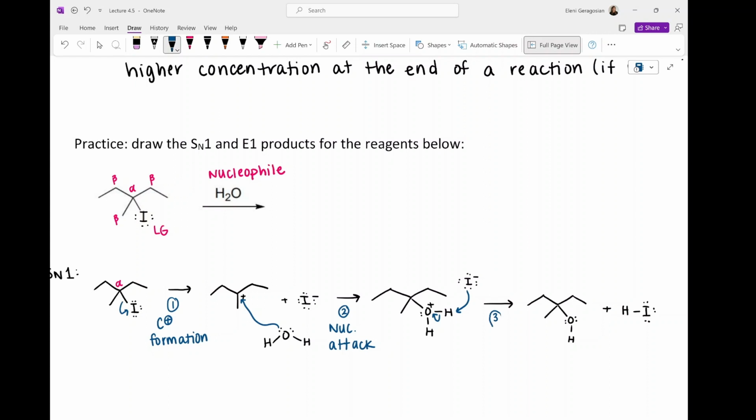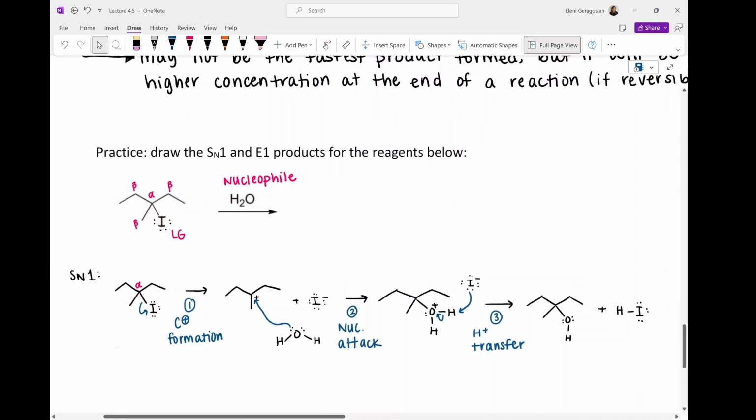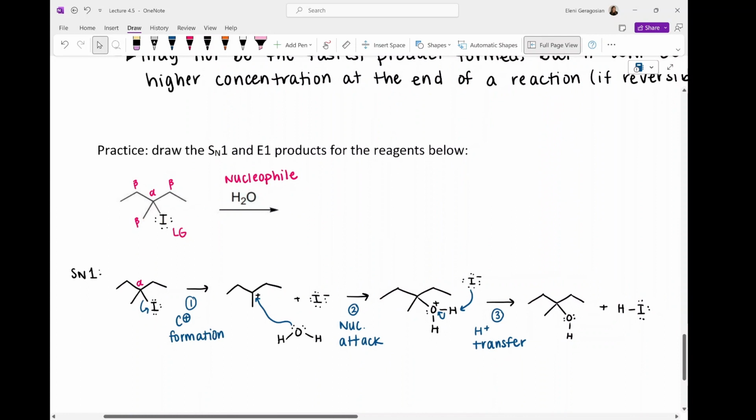And then step 3 is not a required step in SN1 reactions, but it is often included. This is that acid-base proton transfer step. So sometimes needed in SN1 reactions. So this is the SN1 reaction. The SN1 product is here.